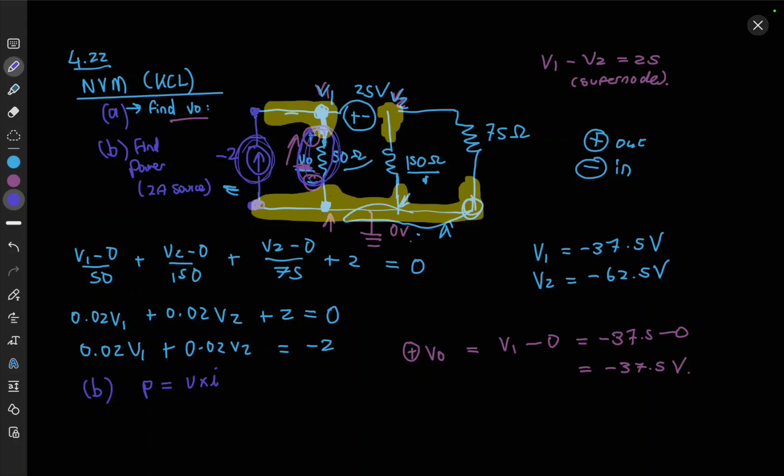So the voltage over the source is still going to be minus 37.5, and we can see now we have a minus value there because we just did the other way around. If it were the other way around, like it was still this way with a 2, then we'd put a minus in front of this entire expression.